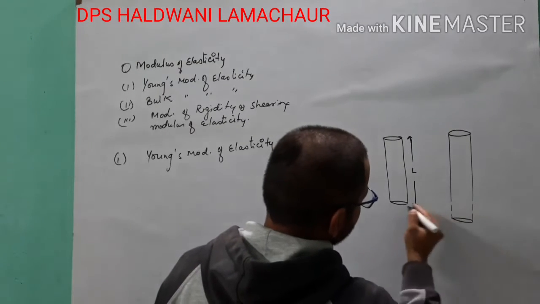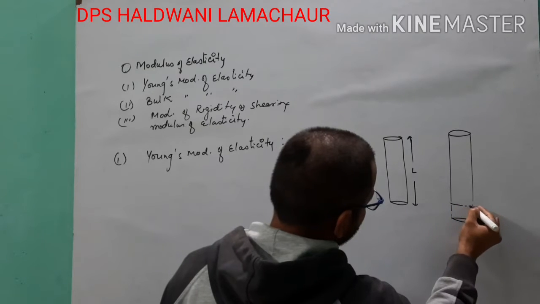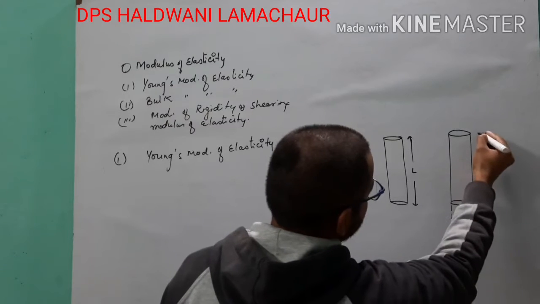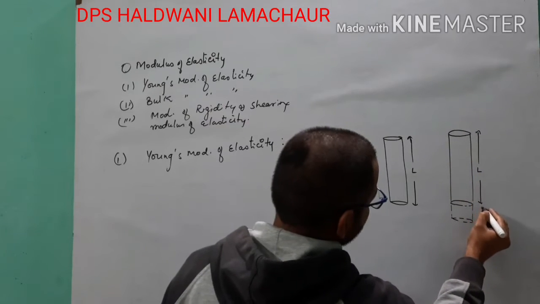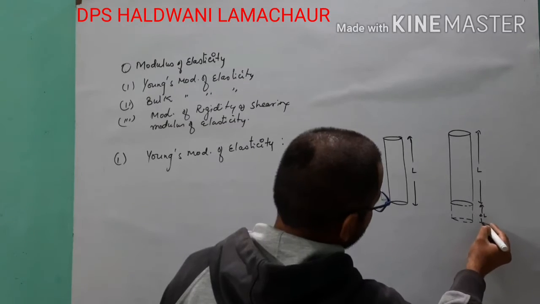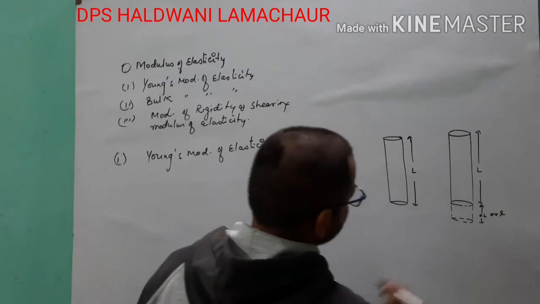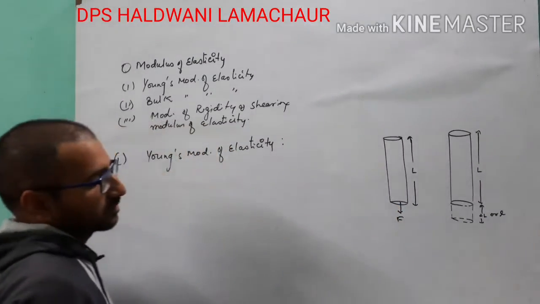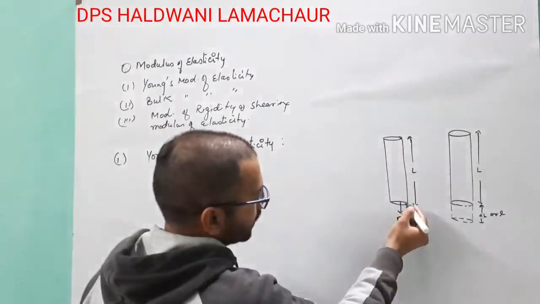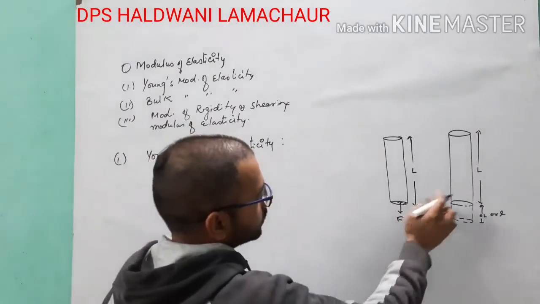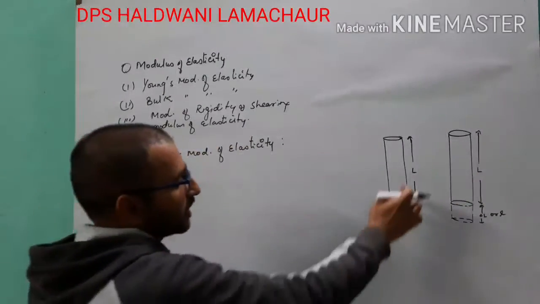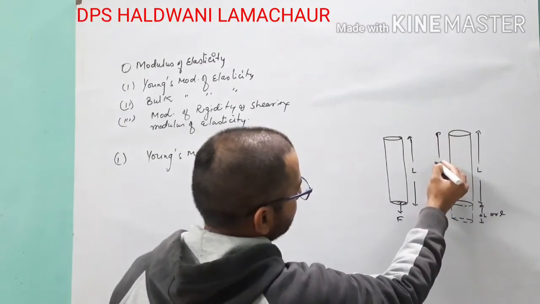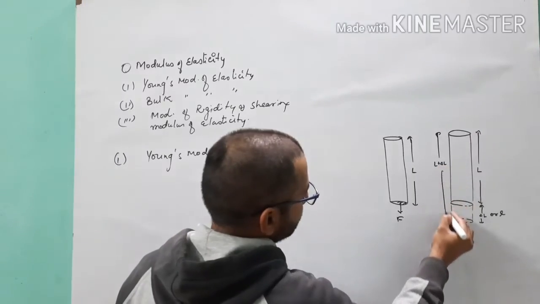Point clear? Let us assume this is the initial length of the wire and this one is the change in length, sometimes denoted by small l. By applying some deforming force, which is a normal force perpendicular to the given surface, suppose the length of the body increases from L to L plus delta L. This is the final length, L plus delta L or small l you can write.